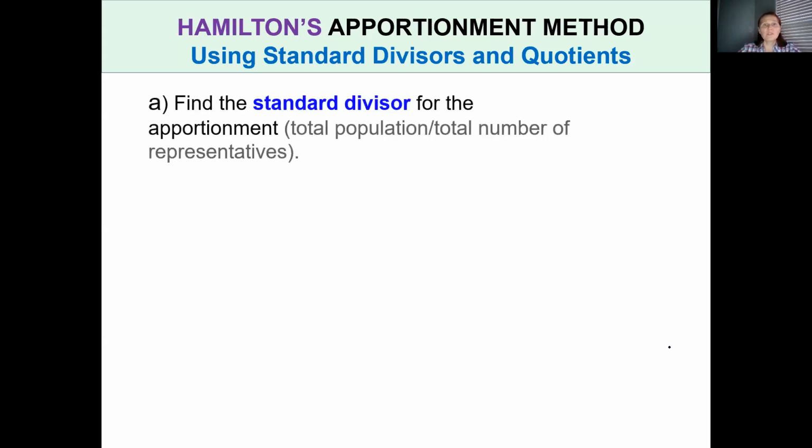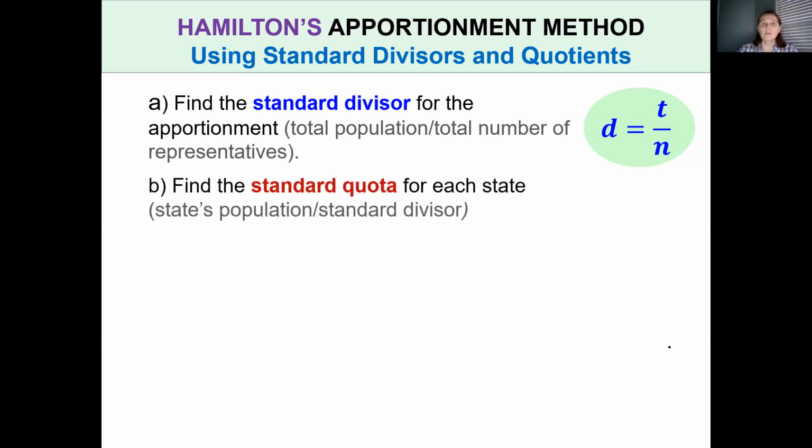First we find the standard divisor for the apportionment: total population divided by the number of representatives to be apportioned. Then we divide each state's population by the standard divisor and get the standard quota, the exact number that the state deserves.